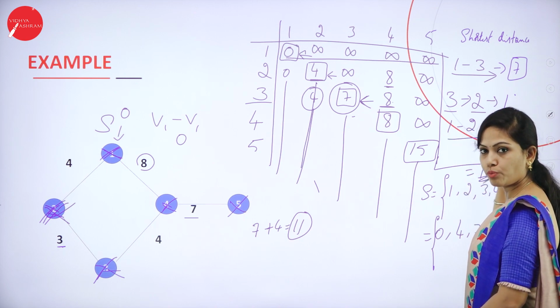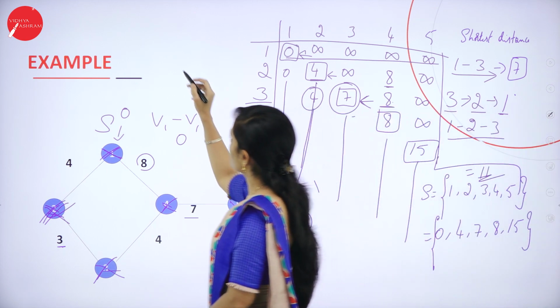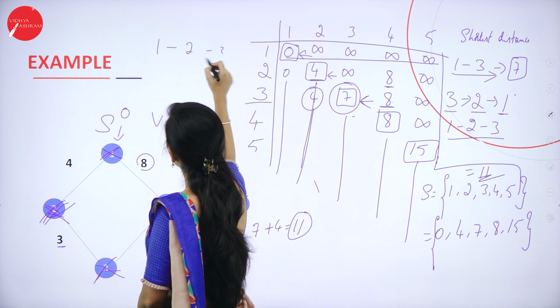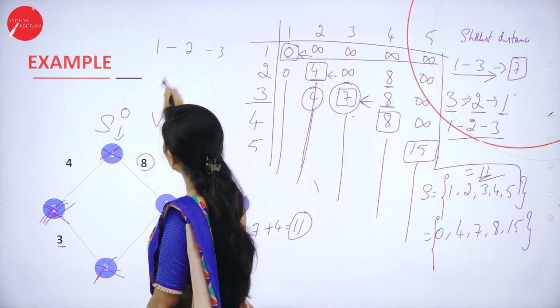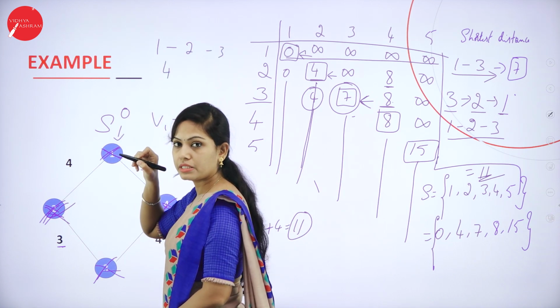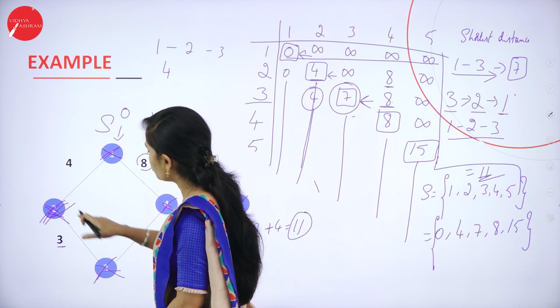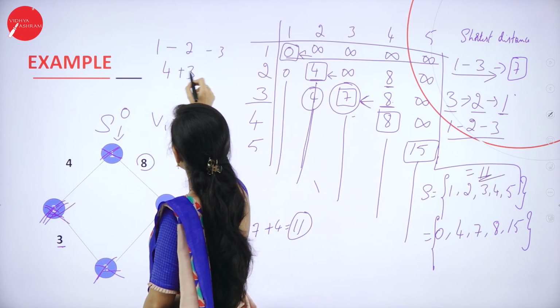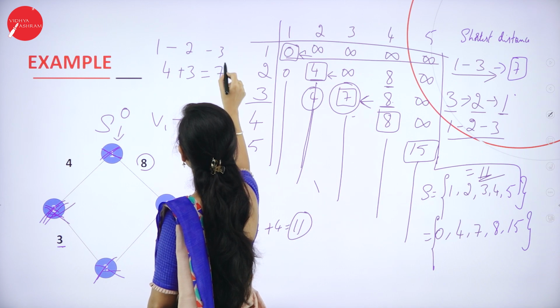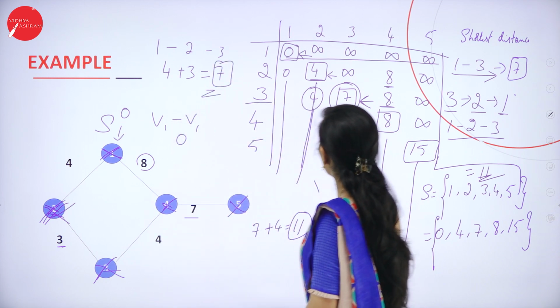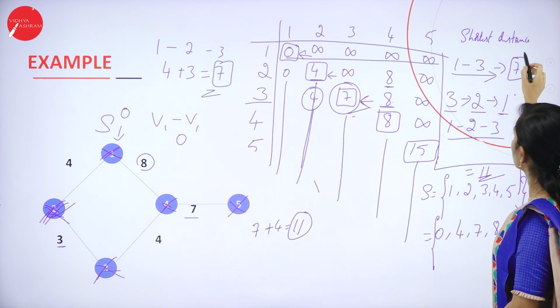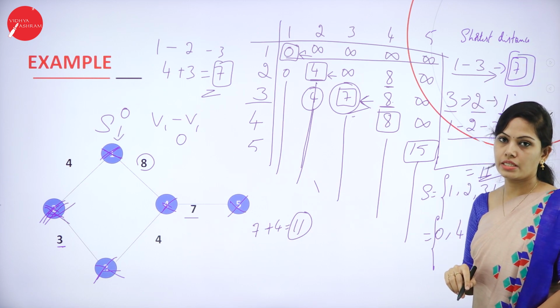So you can also write 1 to 3. So travel from 1 to 2, the shortest distance is 4 and 2 to 3, shortest distance is 3. So 4 plus 3 is equal to 7. So 7 is my shortest distance.